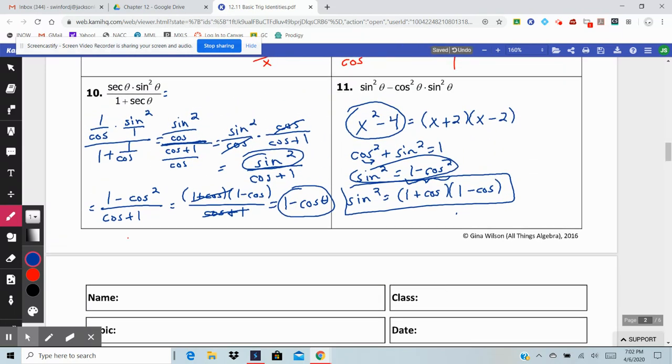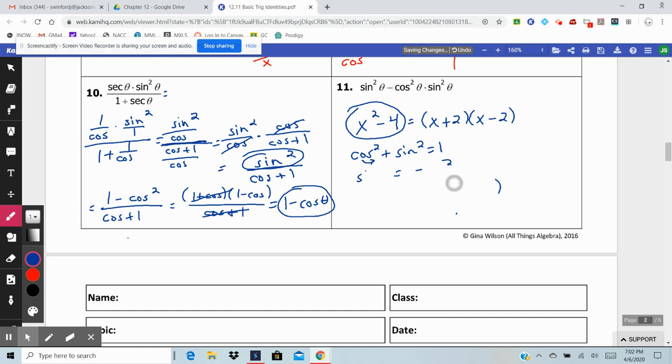Okay, last one of these. Let me erase some of this stuff. I already noticed as I'm looking at this, we're probably going to use our original Pythagorean identity, because I see sine squareds and cosine squareds, and we know that sine squared plus cosine squared is equal to 1.